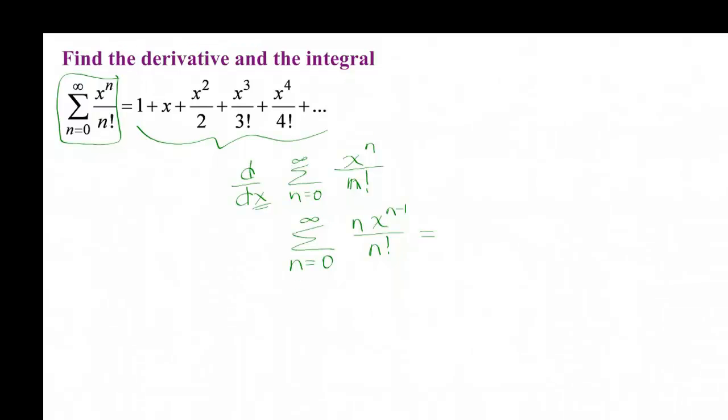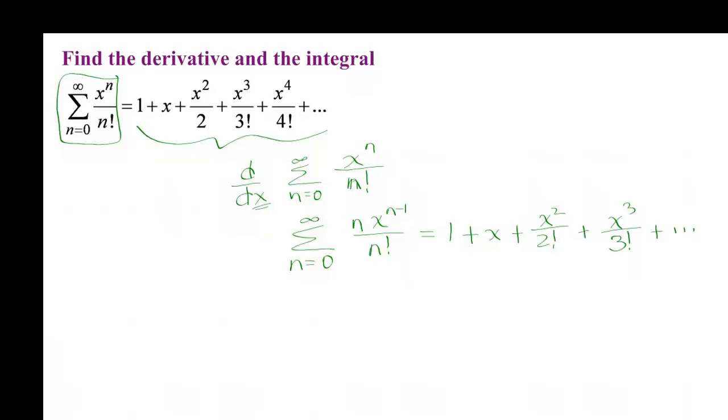So the derivative of 1 is 0, the derivative of x is 1, the derivative of 1/2 x squared is x. On the next term, the 3 pops down front and cancels the 3 factor in the 3 factorial and just leaves me with 2 factorial. That's an easy way to do that without having to do a lot of algebra. On the next term, the 4 pops down front. That's going to cancel out with the 4 factor in the 4 factorial and leave me 3 factorial.